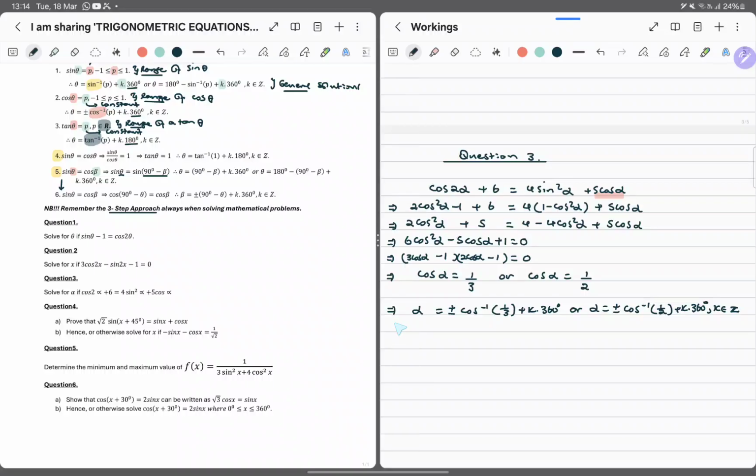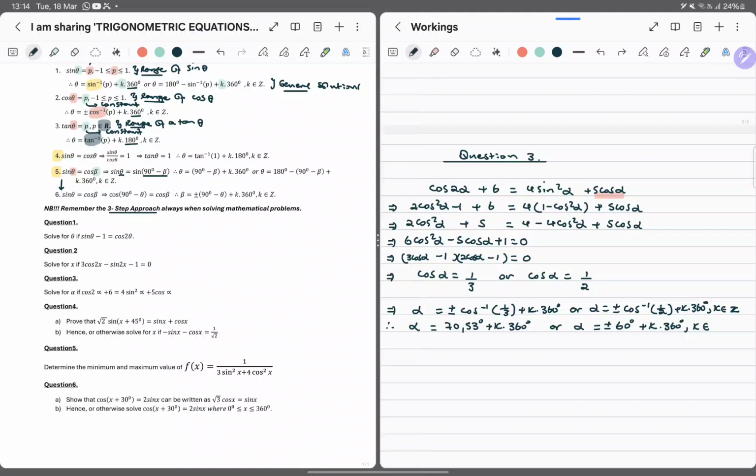Okay, so we make a conclusion that our alpha is, now let's see, what is arc cos of 1/3? So this is 70.53 to 2 decimal places plus k times 360 degrees, or alpha is going to be equal to, now arc cos of a half is going to be plus or minus 60 degrees from special angles.